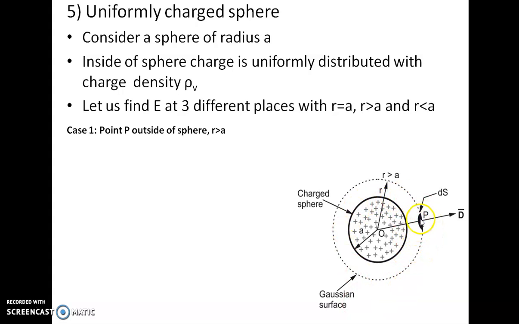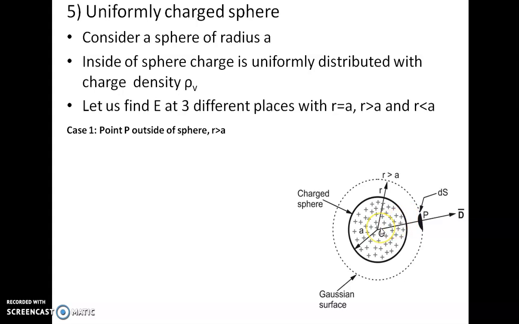On that Gaussian sphere, I am considering a small elemental area ds at the point P. This ds is perpendicular to the radius line, the line joining the center and the point. The vector normal to this surface area ds is along the radial direction, that is ar cap.